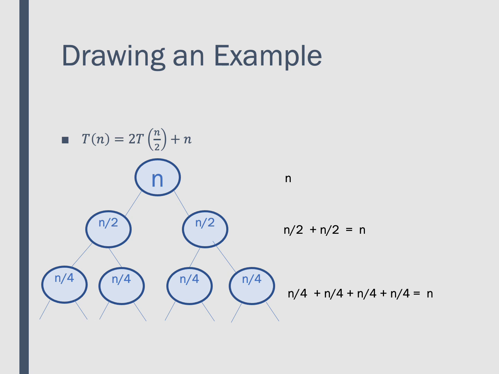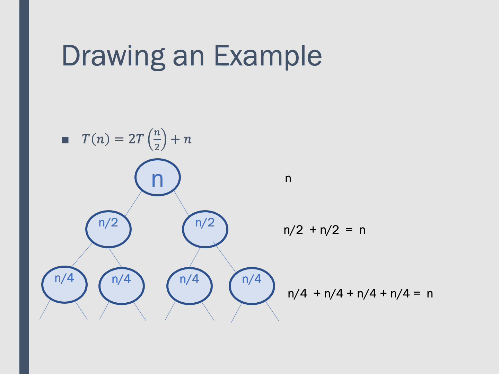First we draw the tree. In this tree, the root represents the first function call with input size n. At each level, the input is divided into two subproblems of size n by 2, and this division continues recursively, reducing the input size by half at each level.